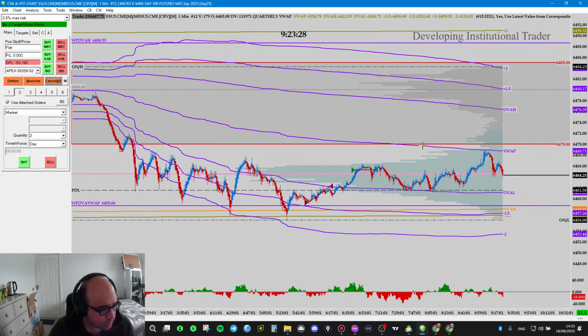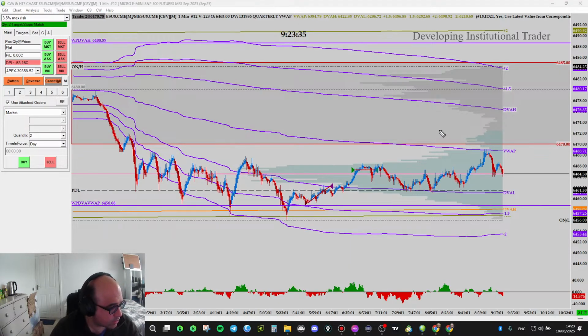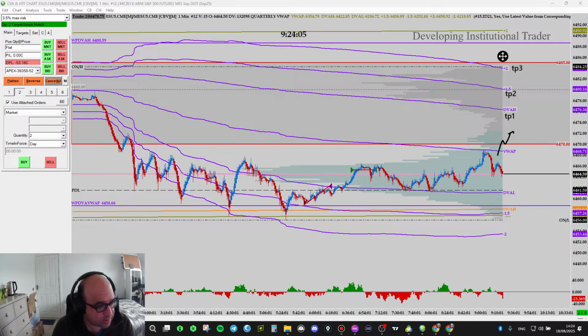Basically what I'm considering is this: TP at 64.74, so about here is TP1, and the second TP will be at 64.78, about here. TP2 and TP3 will be right there.